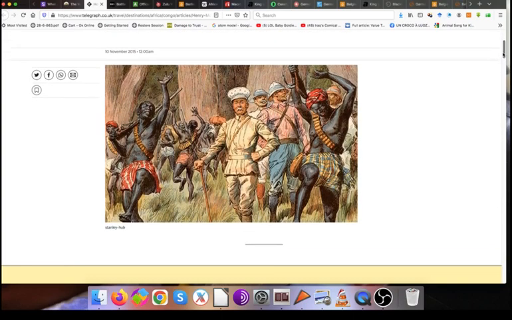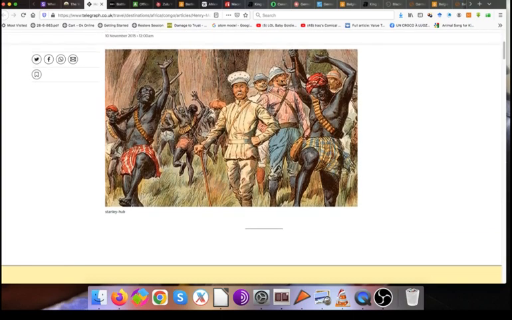So you had people like Henry Morton Stanley here. He was responsible for spreading the Christian religion, and Europeans promoted Christianity as a superior religion to the beliefs of indigenous Africans.